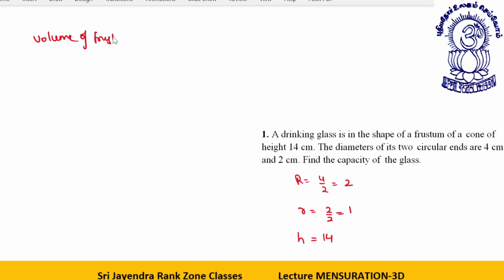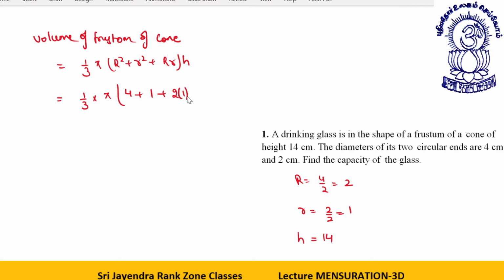Volume of frustum of cone will be 1 by 3 pi into (R square plus r square plus Rr) into height h. So you get 1 by 3 into pi. R square will be 2 square, that is 4. r square will be 1. Rr is 2 into 1, into the height 14.